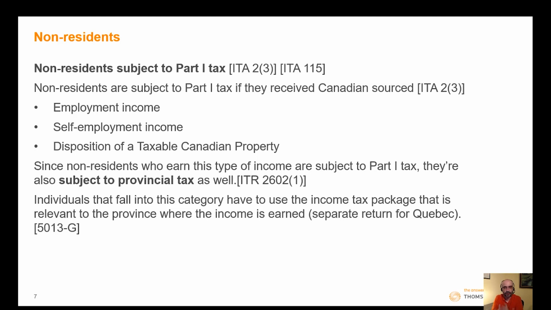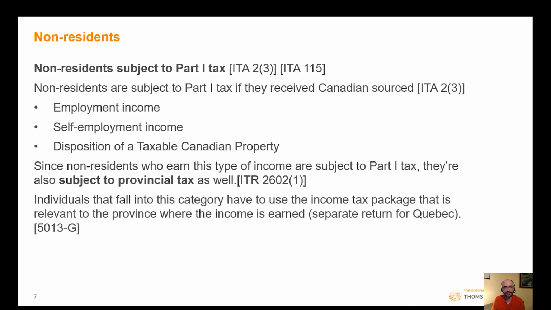And if this individual, for example, gained their income in Quebec, then they would have to file a Quebec tax return as well. If it's for the rest of Canada, they would have to file their 428 forms and pay the provincial tax on that income.